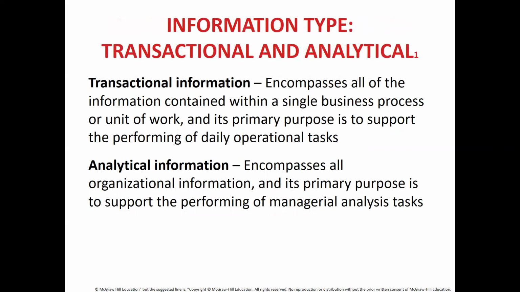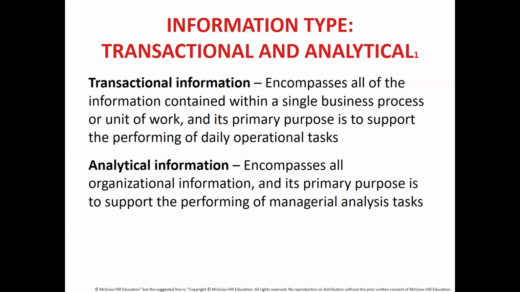Information type: transactional and analytical. Now, transactional information encompasses all of the information contained within a single business process or unit of work, and its primary purpose is to support the performing of daily operational tasks. Transactional information is basically all those types of information that are used to perform day-to-day activities or tasks.